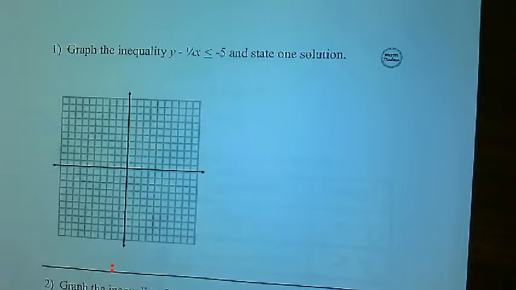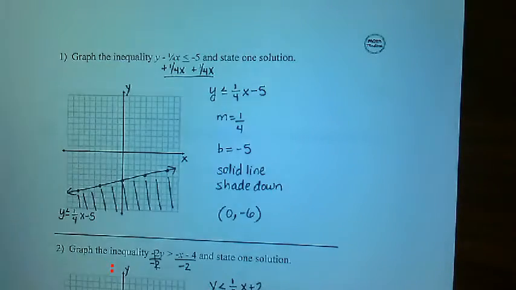For this example, it's less than or equal to, so we are definitely going to have points on the line that you can state as a solution. But in addition to that, you can say any of the points in the shaded region as well.